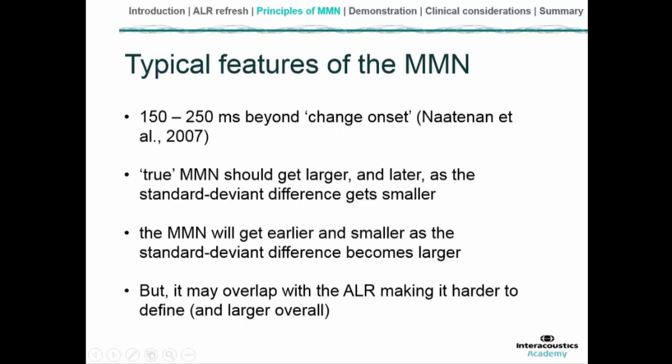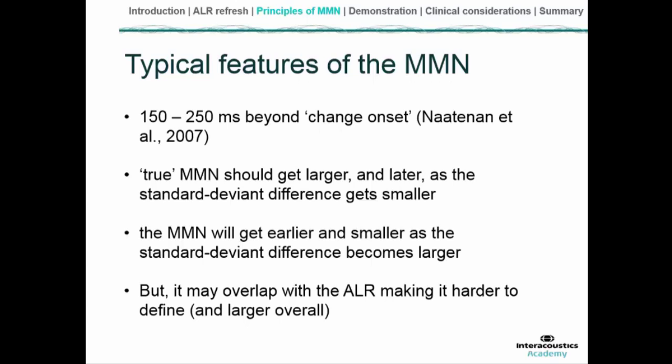As the process of discrimination is harder, as the difference gets smaller, the MMN should occur a little later in latency. On the other hand, if the difference between the standard and deviant becomes larger, then the process of discrimination becomes a little earlier, and so the latency reduces, and the amplitude of the true MMN is expected to get a little smaller.